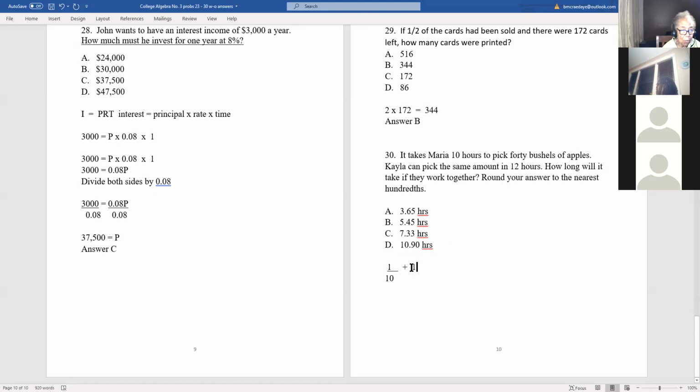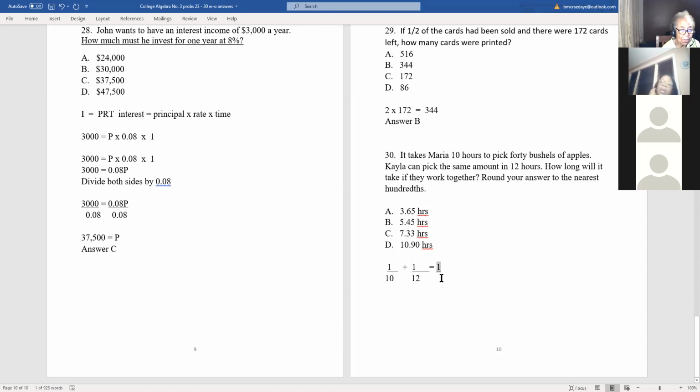This is where you solve your work problems, and we normally just deal with two people working. This is equal to the time it takes them working together, so this will be equal to 1 over t. And you solve for t.